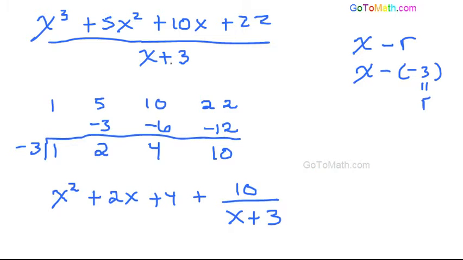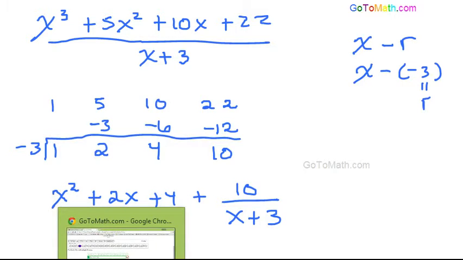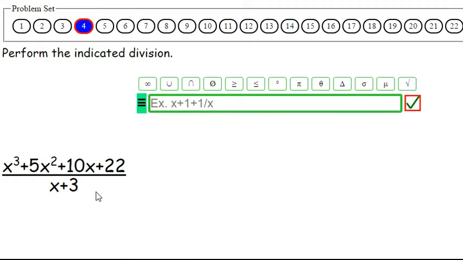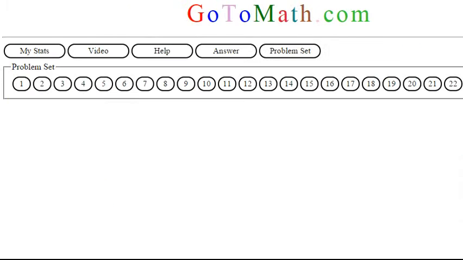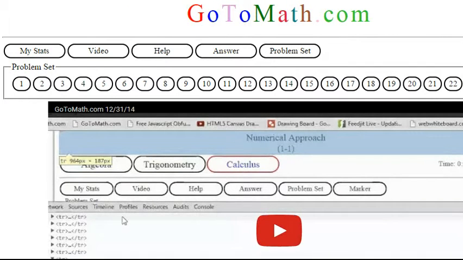So if the denominator is in this form here, it is a whole lot faster to do synthetic division than to go through the long division. Right. x squared plus 2x plus 4 and 10 over x plus 3. Yep. I'll see you in the next problem.